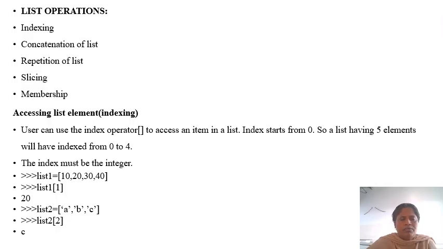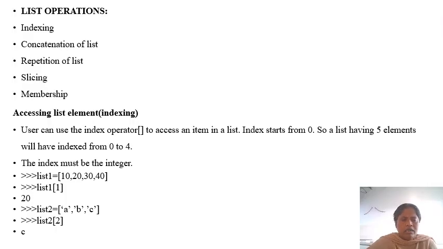For example, here I am using list one that contains the values 10, 20, 30, 40. Every list starts with the 0 index. In that list, 10 is the 0th index value, 20 is the first index value, 30 is the second index value, and it goes on like this.